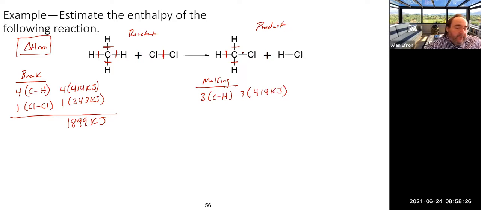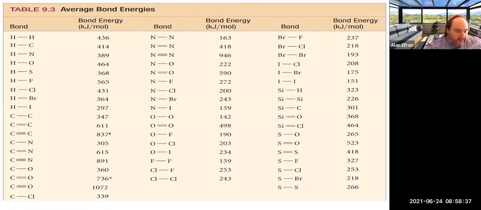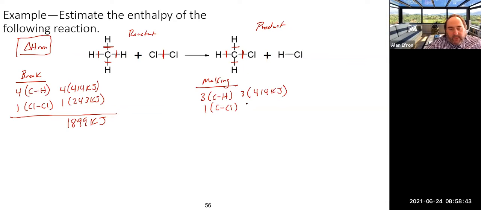We also will be making 1 carbon chlorine single bond, which looks like it's on the bottom there at 339 kilojoules. And lastly, we have one more bond over here that we're making, which is 1 hydrogen chlorine bond.